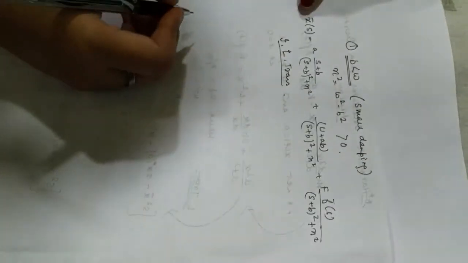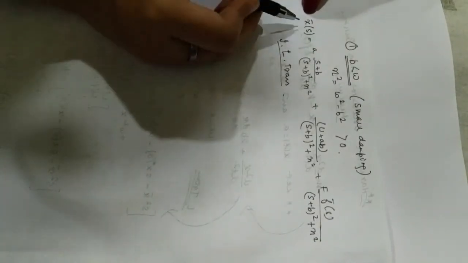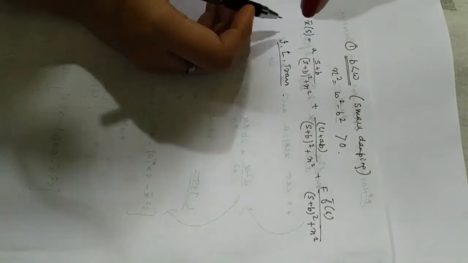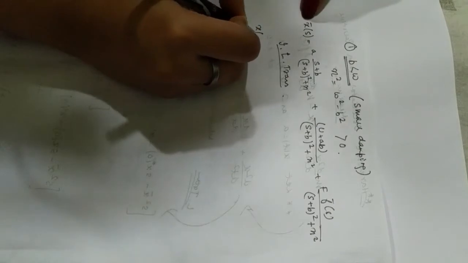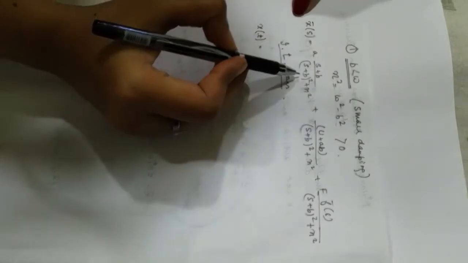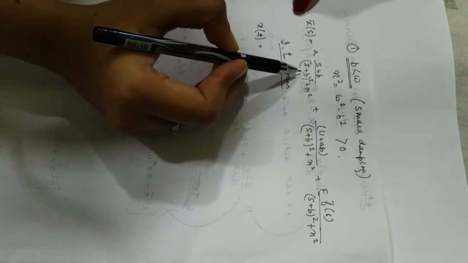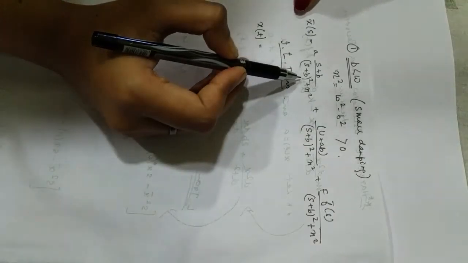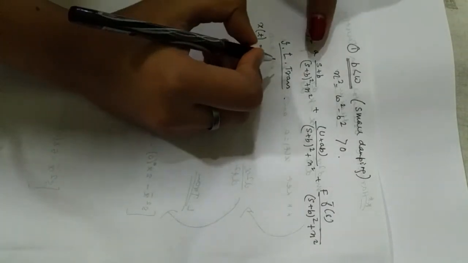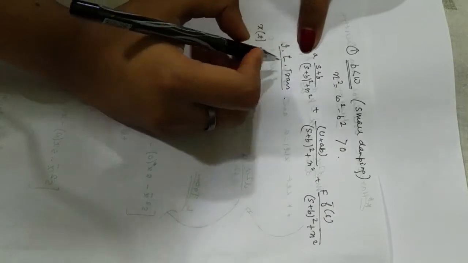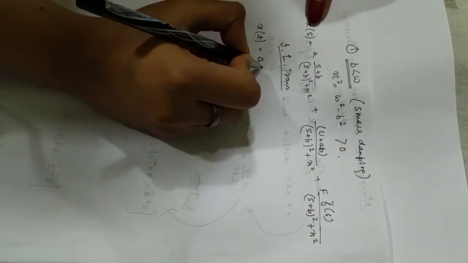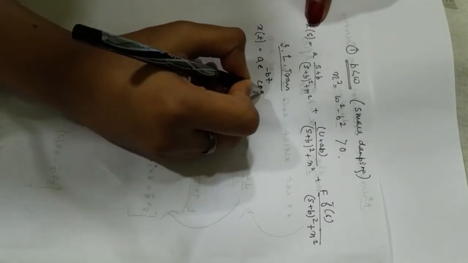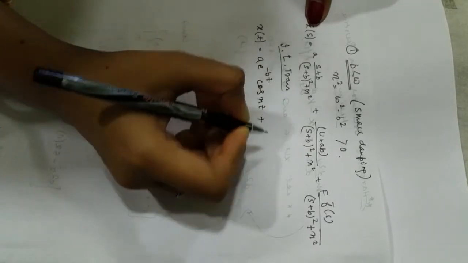So taking the inverse Laplace transform of this equation, we get inverse Laplace of x bar is x, that means x of t is equal to, now this form is nothing but e to the power minus bt cos nt form, right? So on taking the inverse Laplace of this first term, we get a e to the power minus bt cos nt.